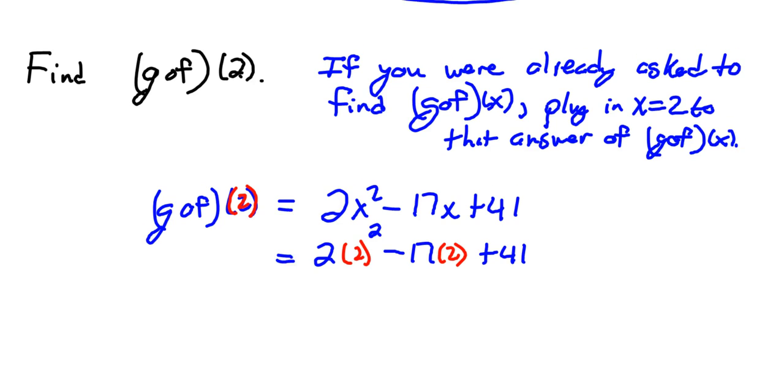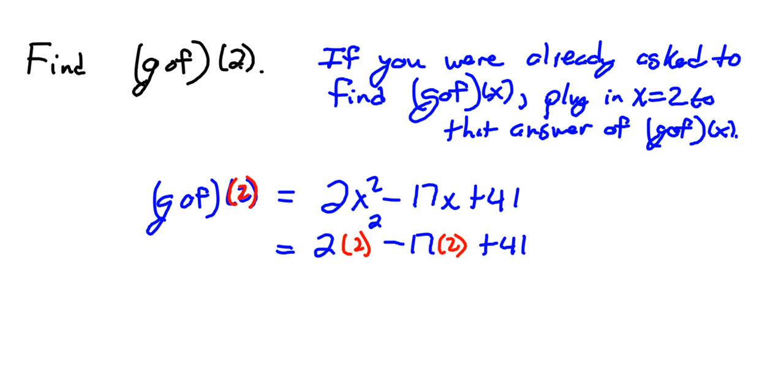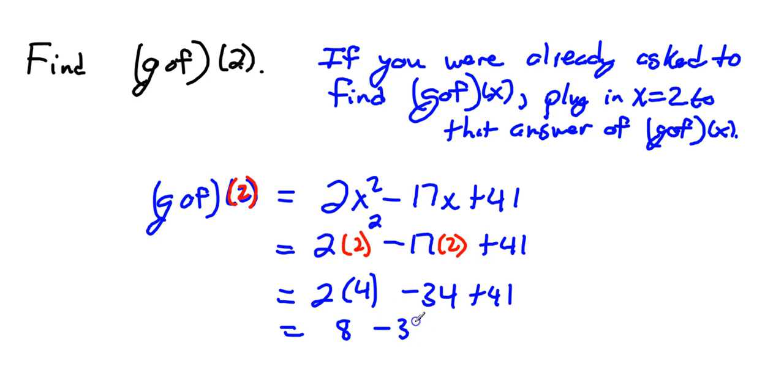Okay, so if they've made you do all that work to get there, go ahead and take the answer that you have and just plug it in. Work it out and see what you get. So for this one, you've got 2 times, 2 squared would be 4, 17 times 2 is 34, plus 41. So that's 8 minus 34 plus 41. That's negative 28 plus 41, that should be 13.